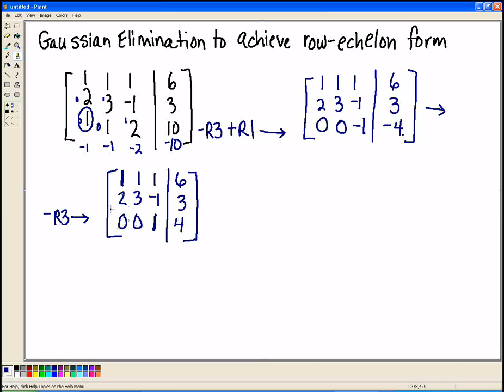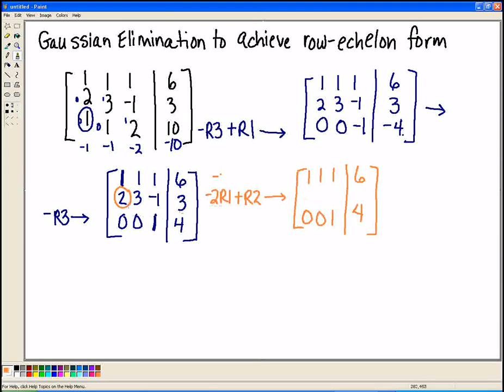So now I want to concentrate on clearing out this 2. I want a 0 here. The way I'm going to do that is by multiplying the first row by -2, so -2 R1, and adding it to row 2. And I'm going to put my result into row 2. So I'm not going to do anything to the third row, and I'm not going to do anything to the first row.